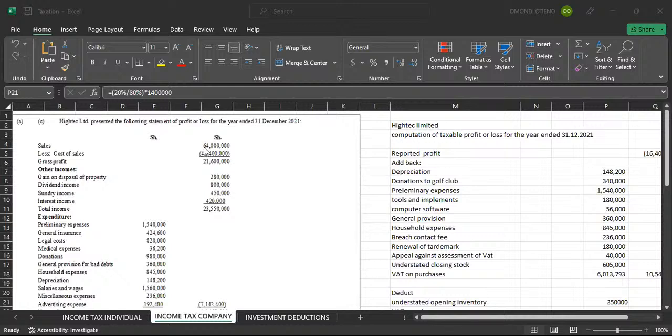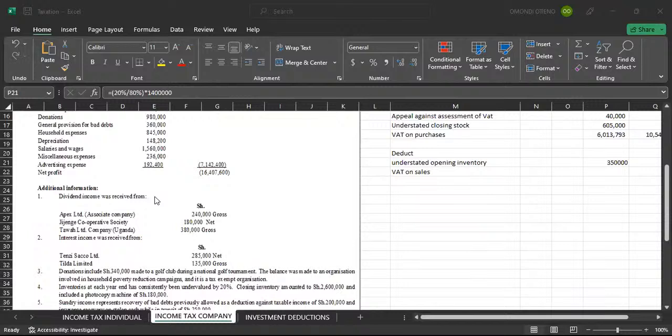That is, if we remove VAT from this, gross profit will reduce. This gross profit will reduce, which means it was exaggerated. So we want to do away with the exaggeration, so we can now reduce that.